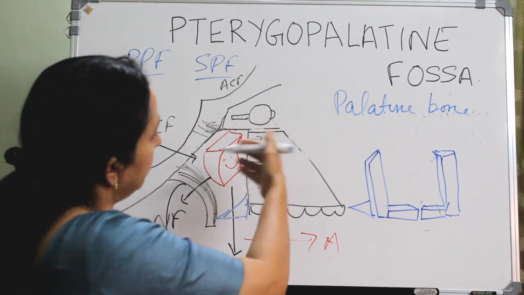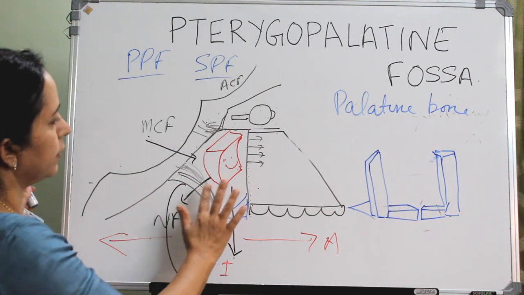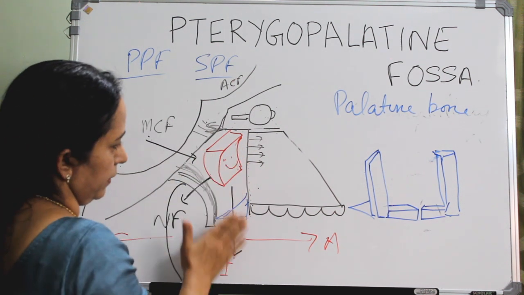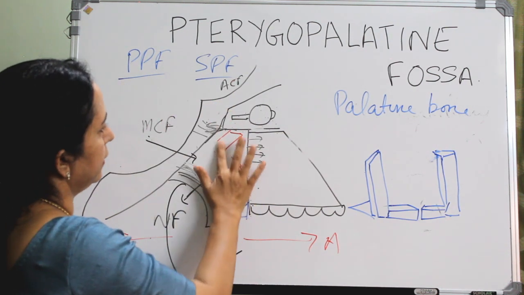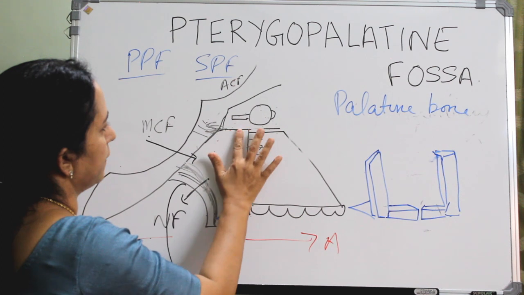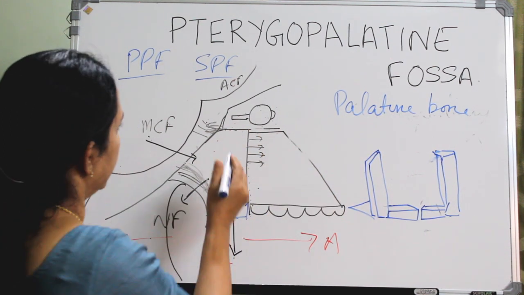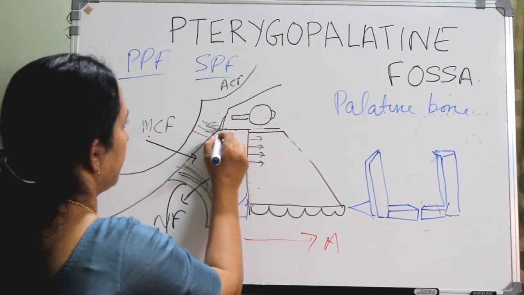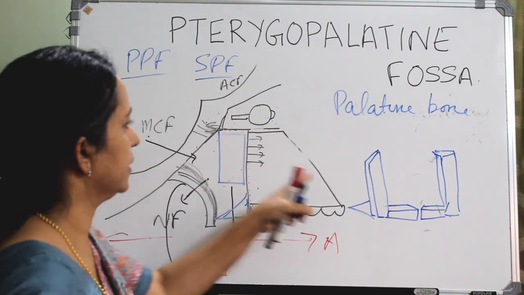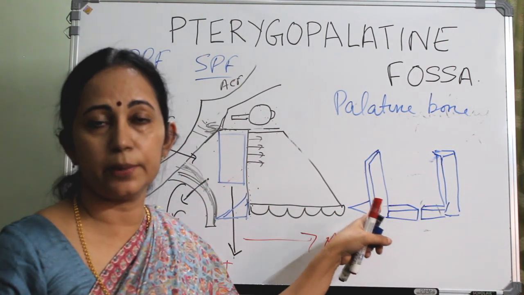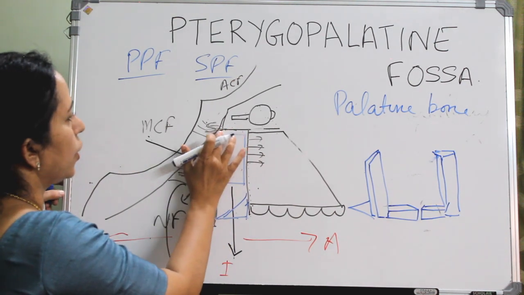Okay, and medially, if I remove the structure here on the lateral wall, you will have this vertical plate of palatine bone here. This vertical plate of palatine bone forms the medial boundary, and there is a notch in between.